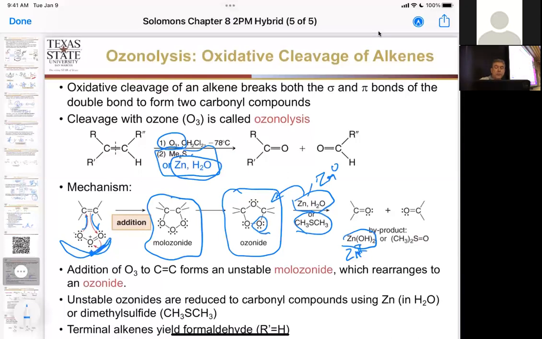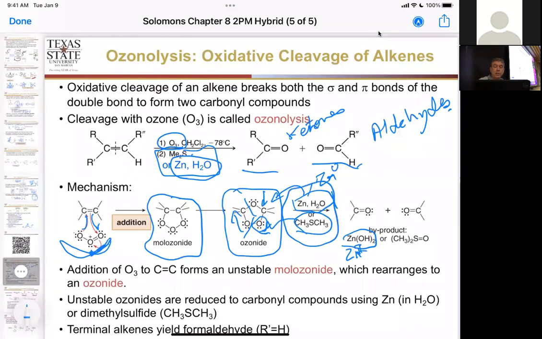And so it'll also do the same thing where it comes in and grabs one of those, and then it decomposes to give you one of the oxygens staying on one of the carbons, the other oxygen goes away with the other carbon, and you end up getting ketones or aldehydes. Okay. So this is very specific, ketones and aldehydes. Okay, and we can make aldehydes because this is a reducing workup.